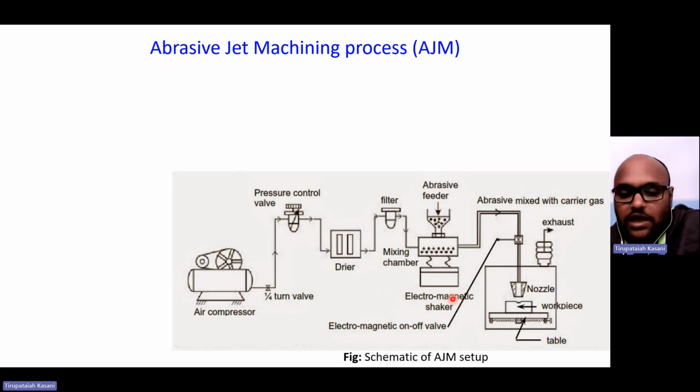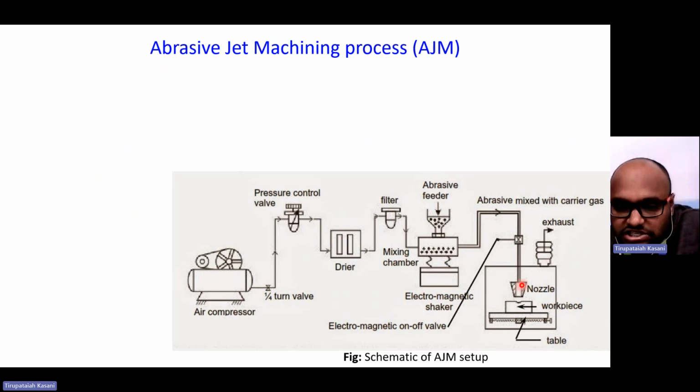Electrical energy is supplied to this, a magnetic field is induced, and that electromagnetic energy will be used by this equipment, the electromagnetic shaker, to mix the air and the abrasive particles.